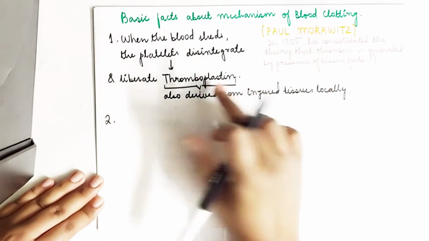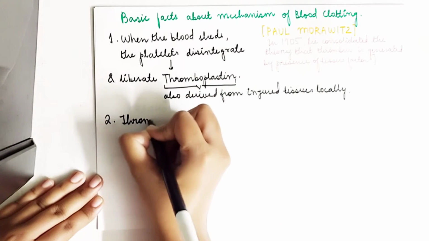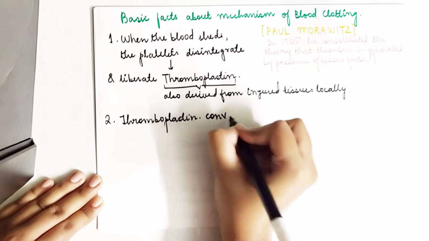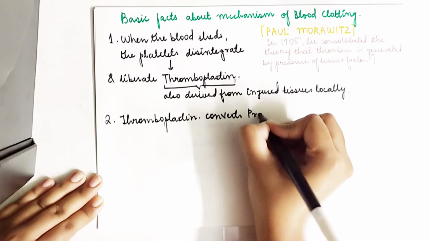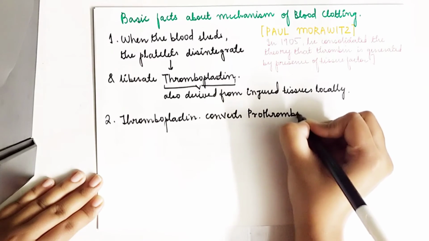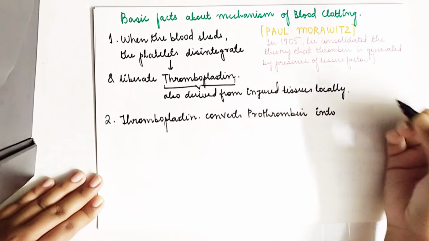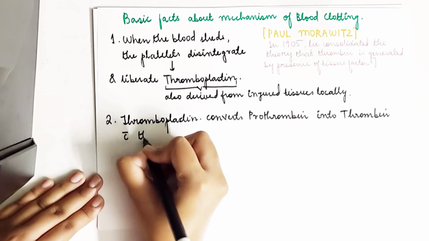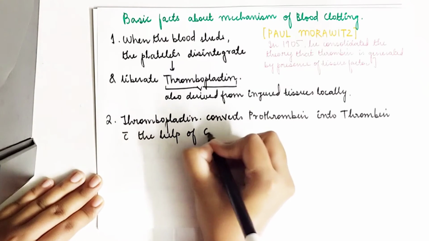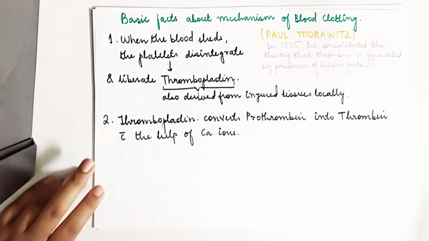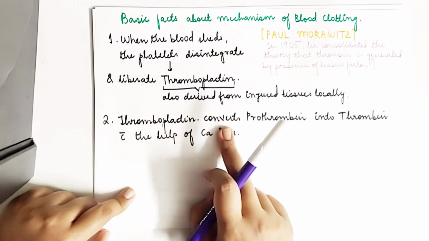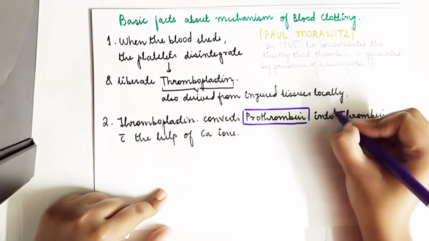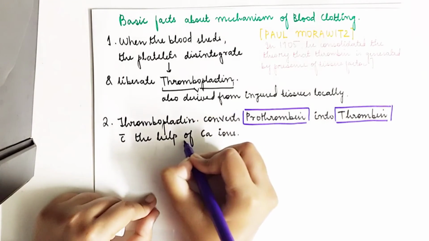The second point says that this thromboplastin converts prothrombin into thrombin with the help of calcium ions.